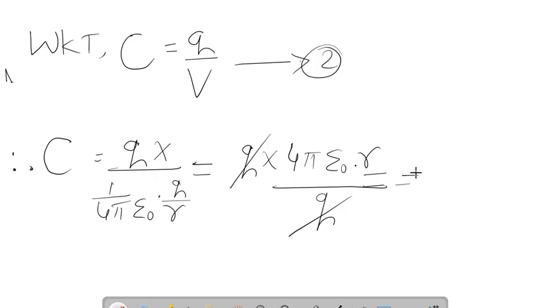So what is the equation? C is equal to 4 pi epsilon naught into R. This is equation number 3.